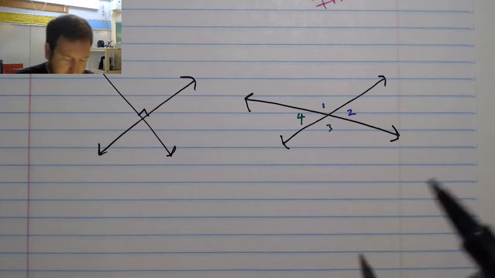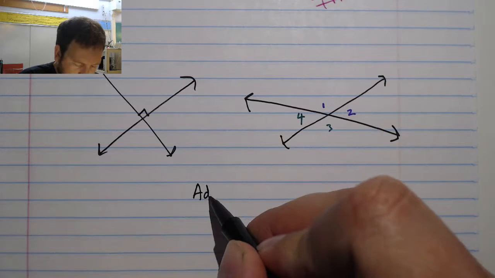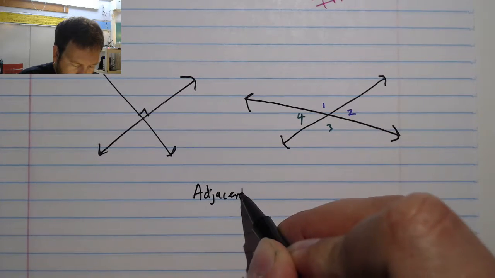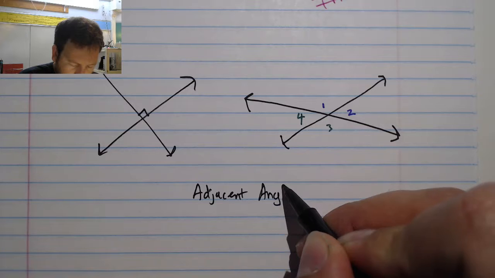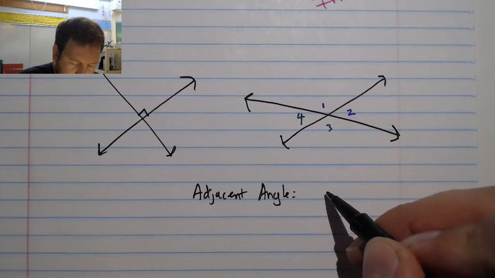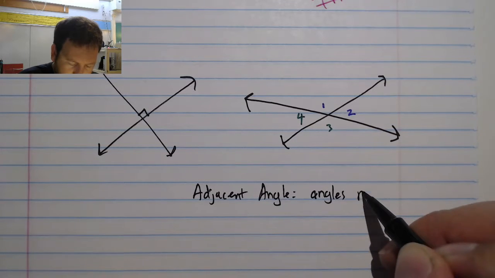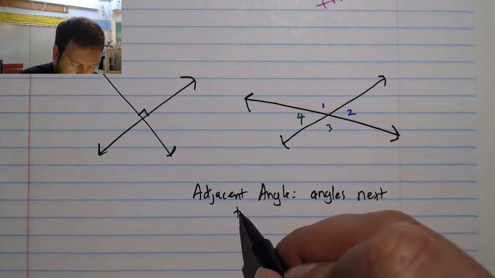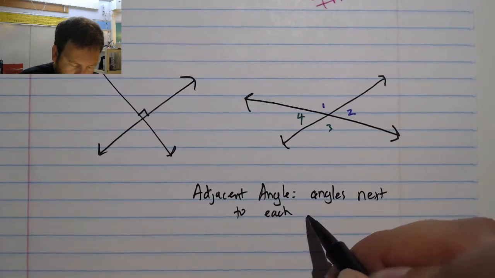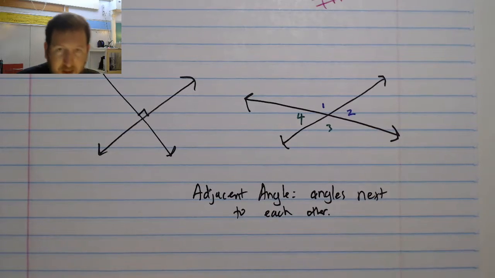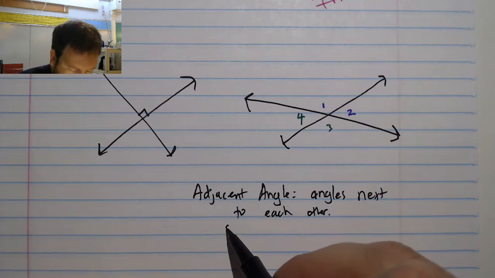We have adjacent angles, and those are angles that are next to each other. And these angles, their sum is always 180 degrees.